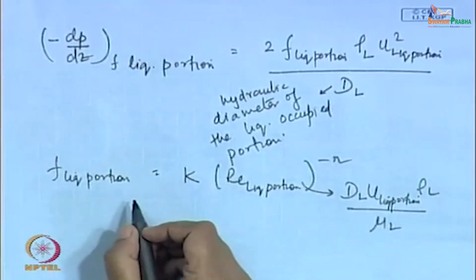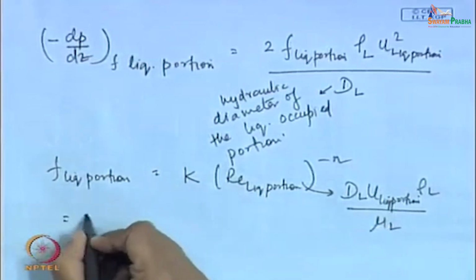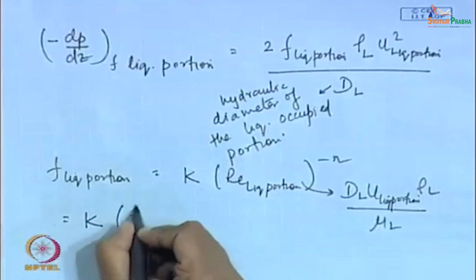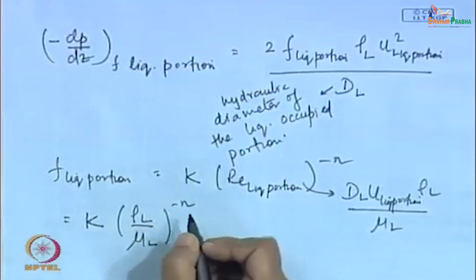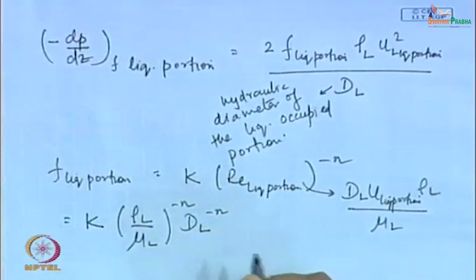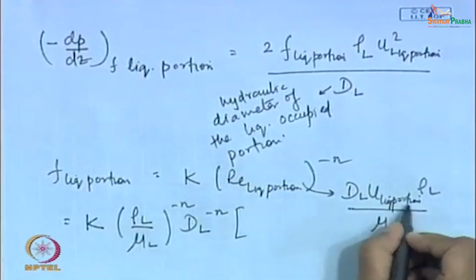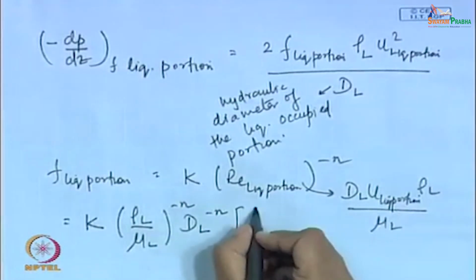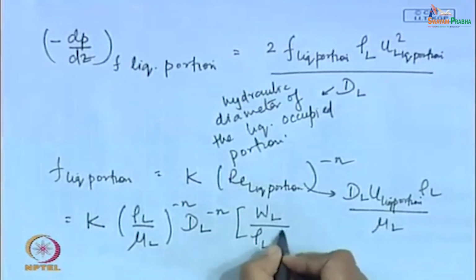So, therefore, if we substitute this here, then we get K rho L by mu L whole to the power minus n. Just see whether I am writing it correctly or not. And instead of this u liquid portion, we can write it down as W L by rho L A L.